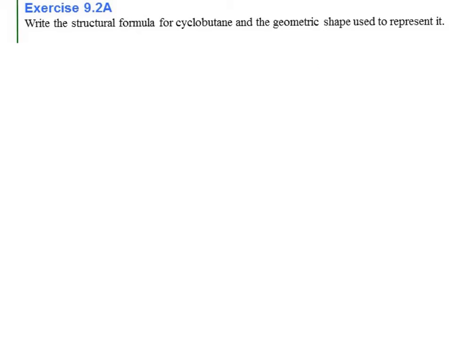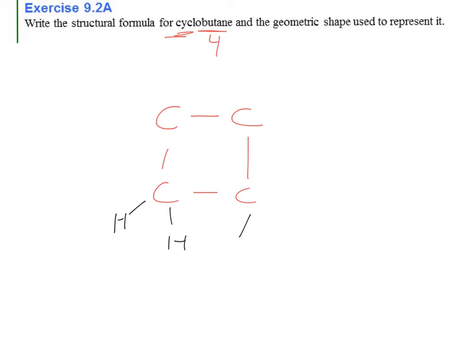Same thing as last time, but this time we're doing it for cyclobutane. So we've got bute, which is 4. And we have cyclo, so we know it's a ring. So we've got 4 carbons in a ring. Each carbon's forming 2 single bonds with 2 other carbons. That means they each only have room for 2 hydrogens.